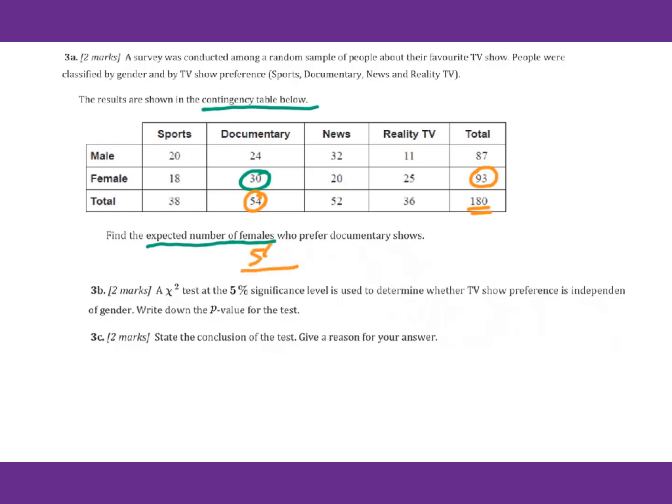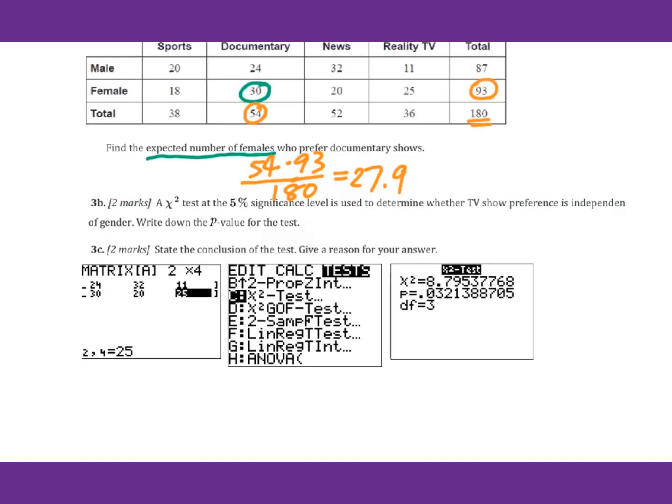So we get 54 times 93 over 180. You will get 27.9. For 3b, we put into the calculator, go to matrix, and then we do test, chi-square test.